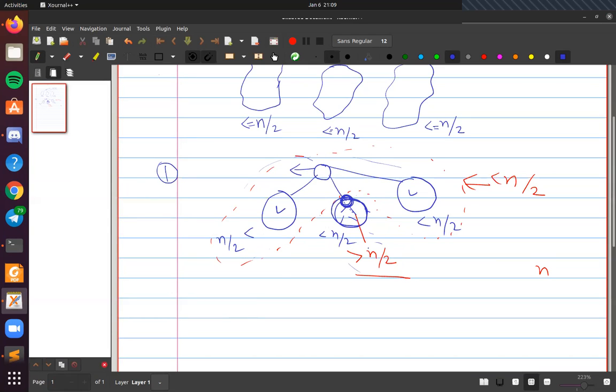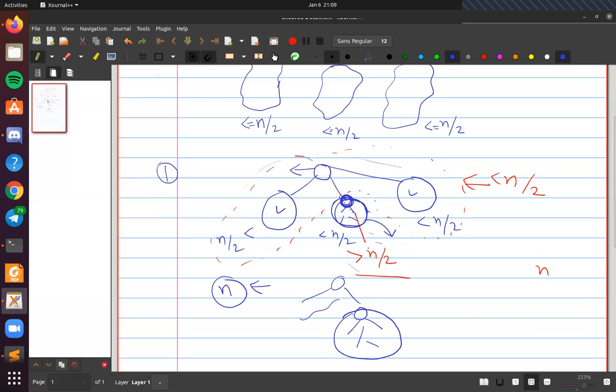We keep on doing this, and eventually we will end up with a single node. At first I have n nodes, then for this subtree these all have less than n by 2 nodes, so I don't have to come back to this node again. Once I come to this node, I will not come back to the previous one.